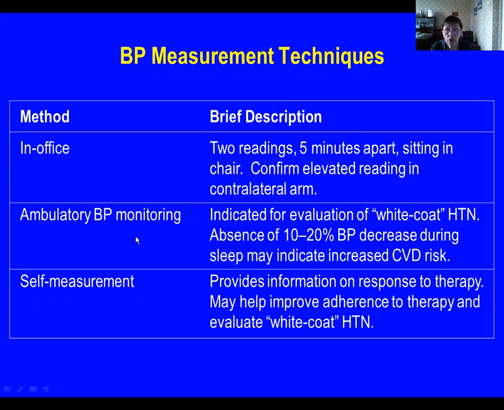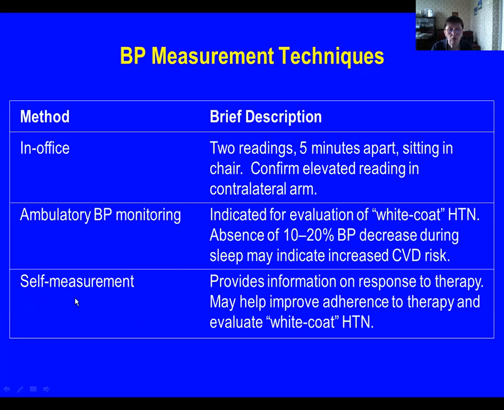It means monitoring of blood pressure for 24 hours or even more if needed. This is used for evaluation of so-called white coat hypertension, because your patient may react to the meeting with someone in a white coat, and this is a stressful situation, and the blood pressure in this case may be higher than usual.